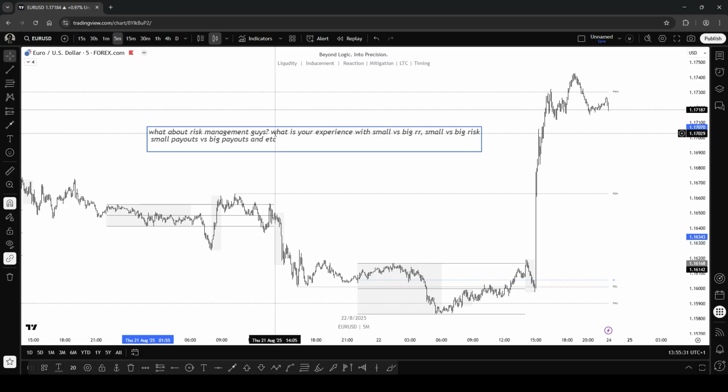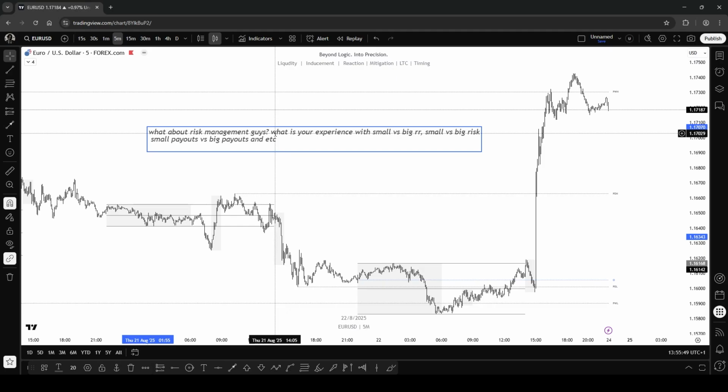So I prefer a high win rate with a consistent risk to reward. For me, anything above 5R is crazy, and I'm going to take that. Anything below 5R is something I'm going to skip, right?